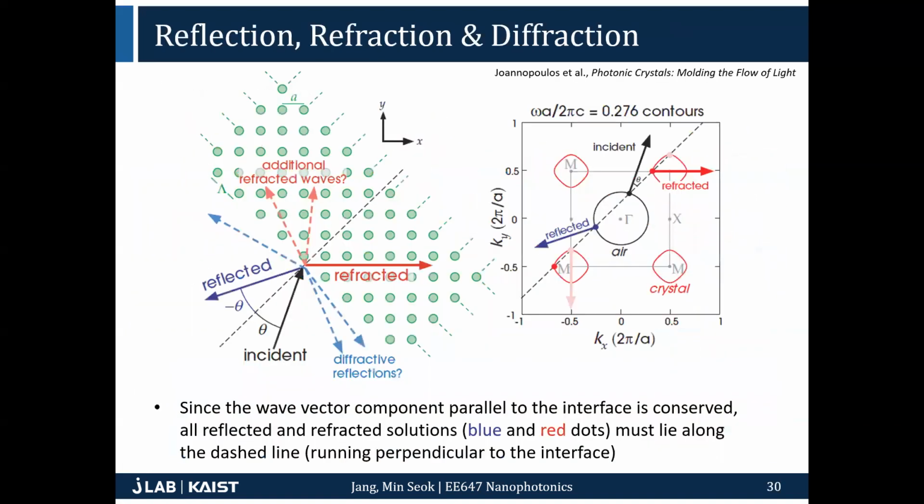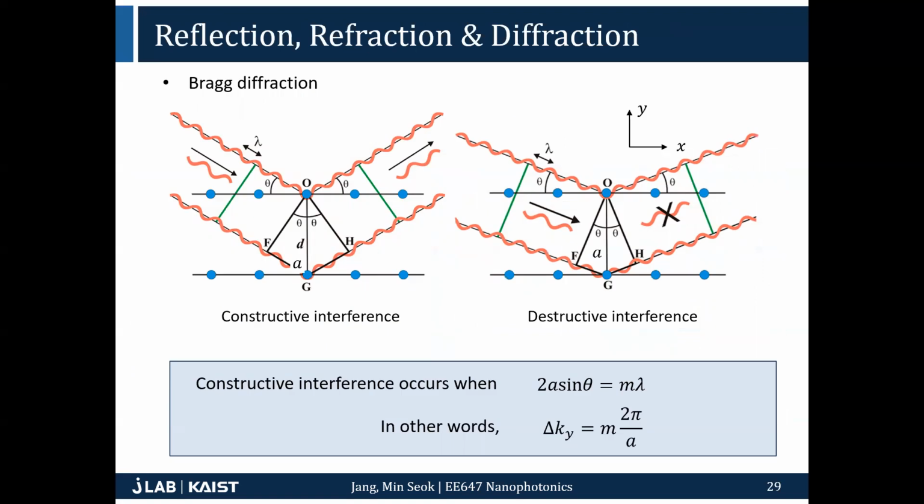Okay, so before we move on to the applications of photonic crystals, I just want to give you one more concept, which is diffraction. If you have periodically placed materials, like one line of material and the other line of material, then you can think of a reflection of light on the top layer and the reflection of light on the next, neighboring layer.